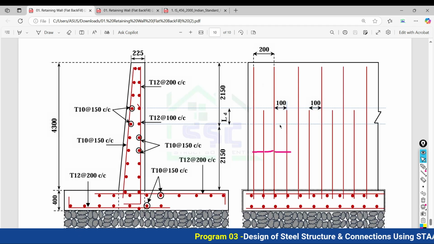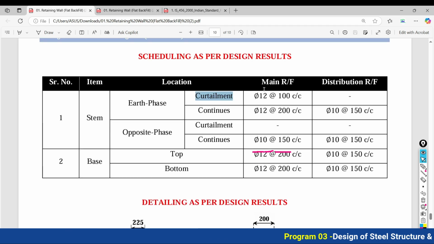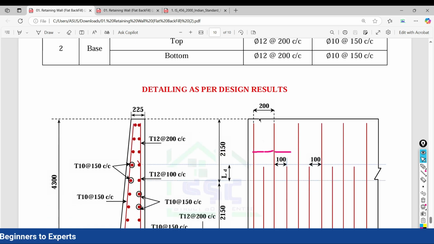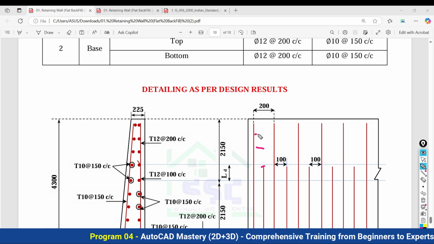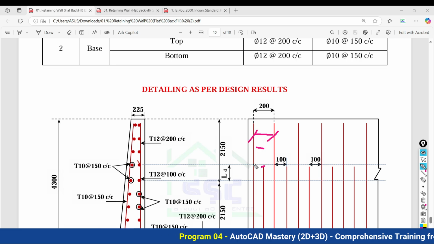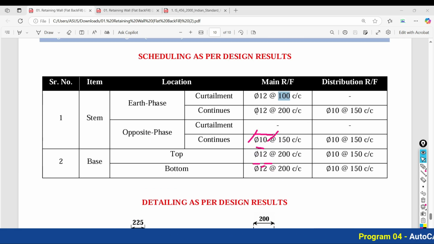The same reinforcement is provided here as the curtailment bars, 12 mm diameter bar at 100 mm center to center. But when you move towards the top edge, alternate bars are cut, so there will be space, and the spacing of 100 becomes 200. That is written here: 12 mm diameter bar at 200 mm center to center.